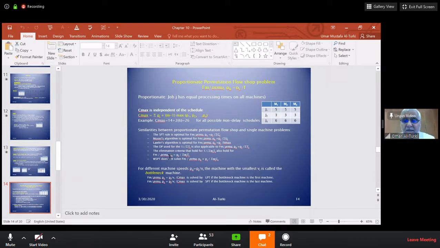Yeah, but for anything other than 3, or more, there are no efficient methods for solving them optimally. But what we can do is solve it using branch and bound, integer programming formulations. What else can we use? Heuristics maybe, right? And so on.